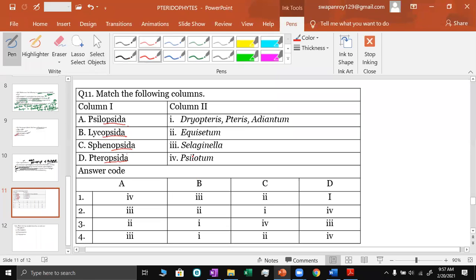So these are 4 different classes of pteridophyte, and here are the names of some genera. You have to match which one belongs to what.